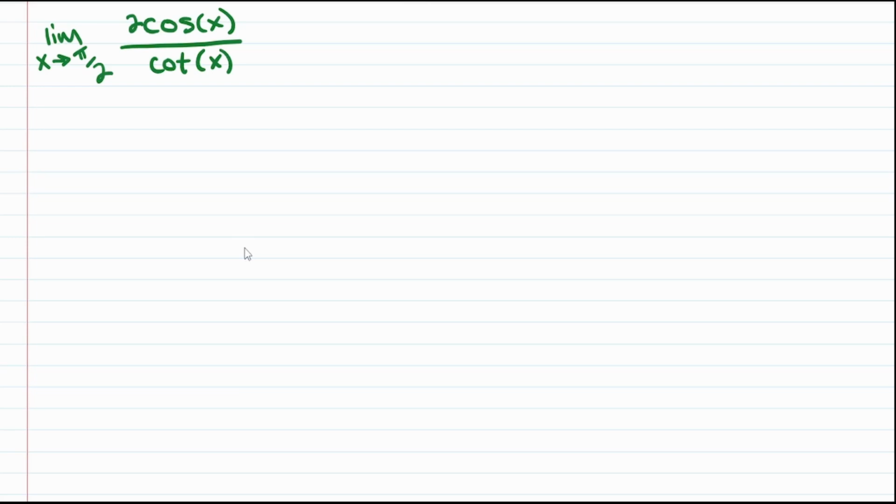So if we were to plug in pi over 2 for x, remember our unit circle, pi over 2 would be 0, 1. And remember that cotangent of x is equal to the opposite of tangent, right?